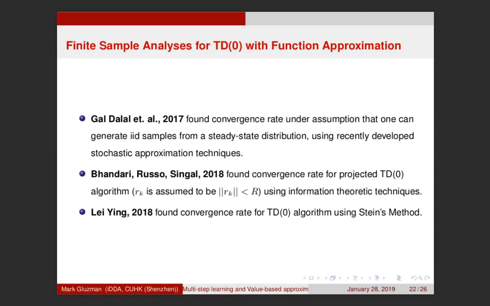And quite recently, we found a convergence rate for the original TD0 algorithm. This result was presented here at the workshop in December, so maybe some of you have visited this presentation.